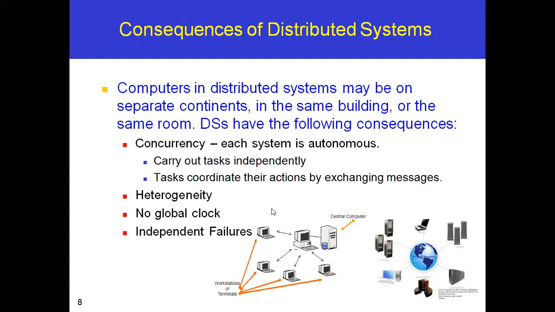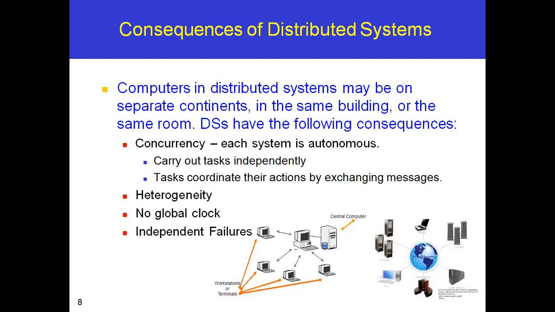See, the computers in distributed systems may be on separate continents, or in the same building. They might be in the same building, or at separate continents, separate states, separate places, or the same room.